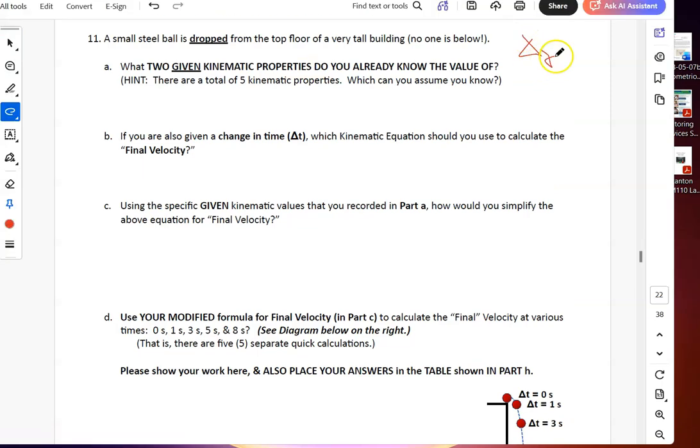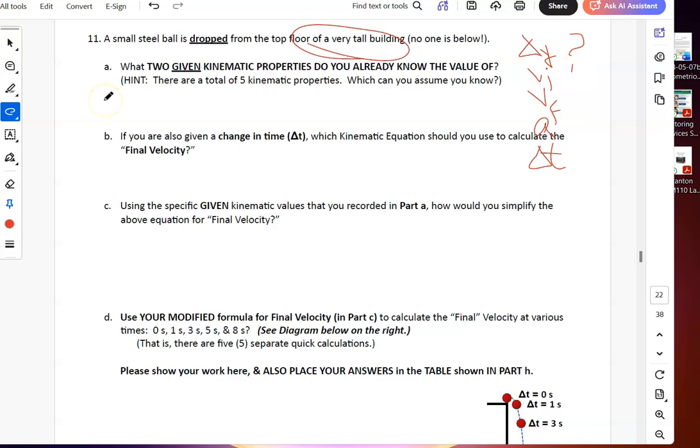We have displacement, initial velocity, final velocity, acceleration, and change in time. Well, we don't know anything about displacement because we're just told it's a very tall building. We have no idea how tall the building is, and we have no idea how far the object has fallen as it's falling from the top of this building.